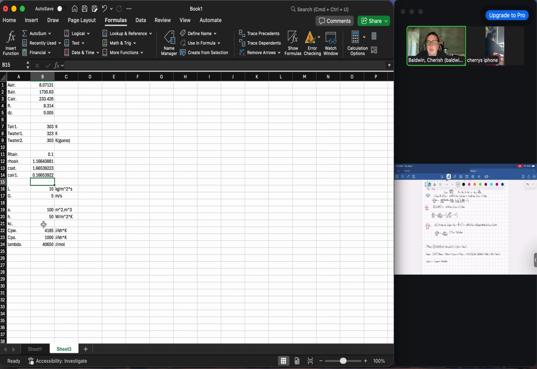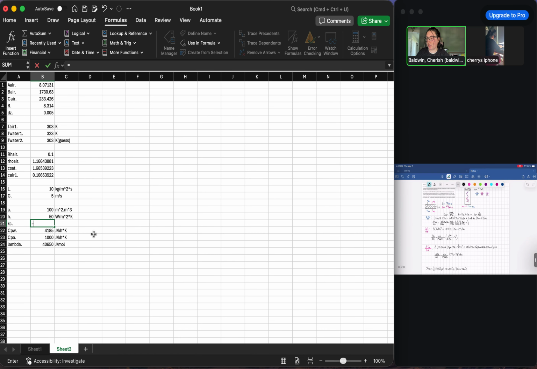Now we're able to calculate our mass transfer constant, which is our heat transfer coefficient divided by our density of air times the heat capacity of air.